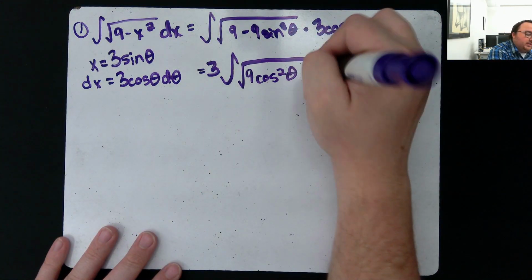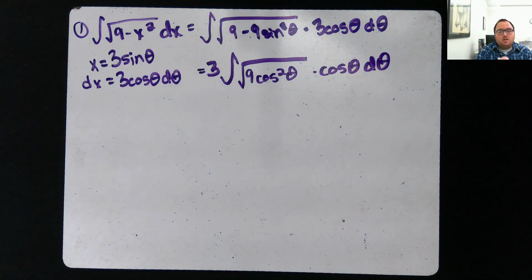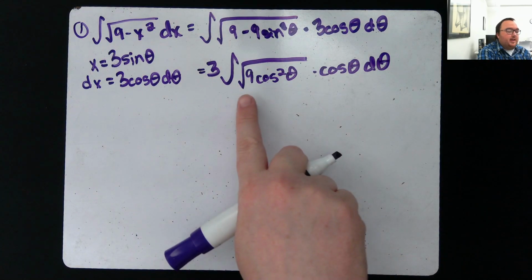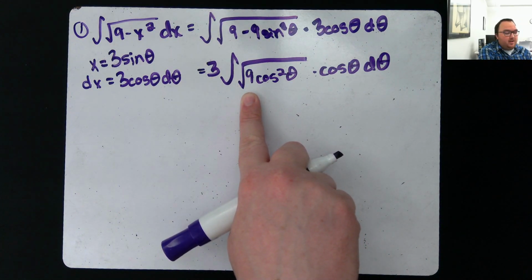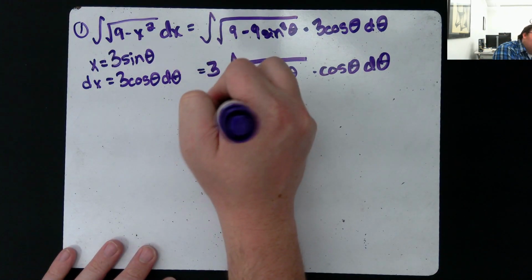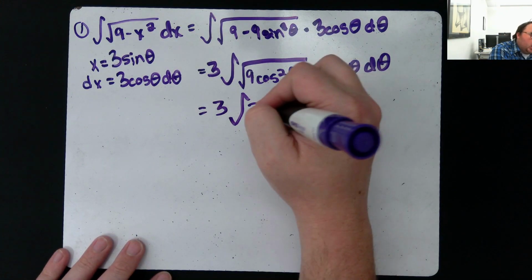And then I have a cosine out here still, d theta. Why is this helpful? Well, because I can do the square root of 9. Square root of 9 is 3. And the square root of cosine squared is just cosine.